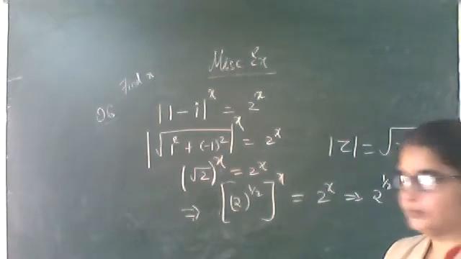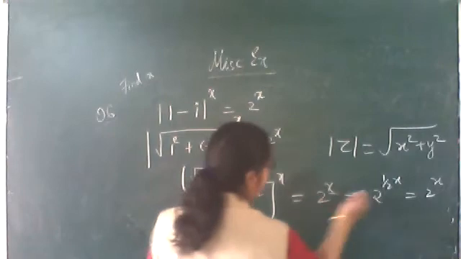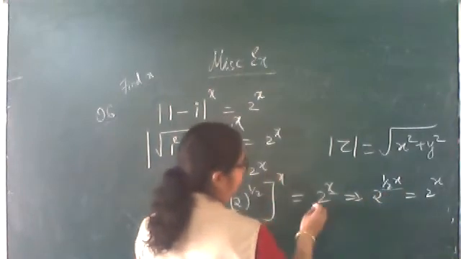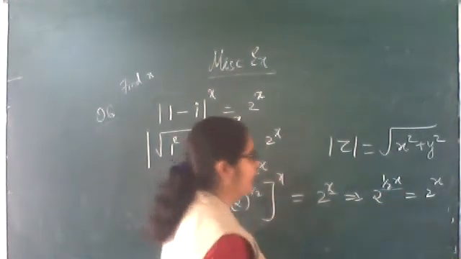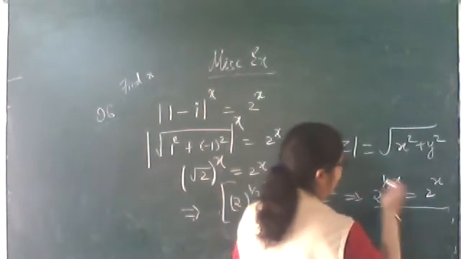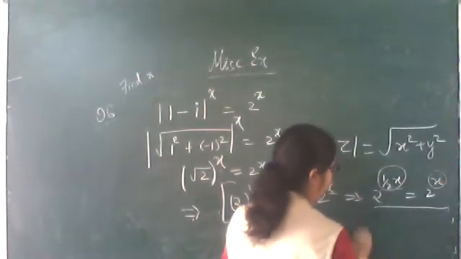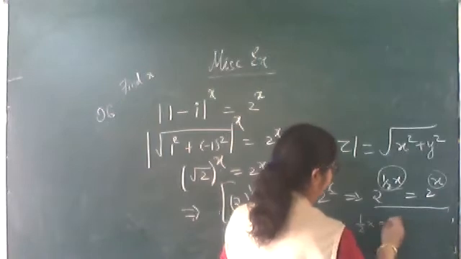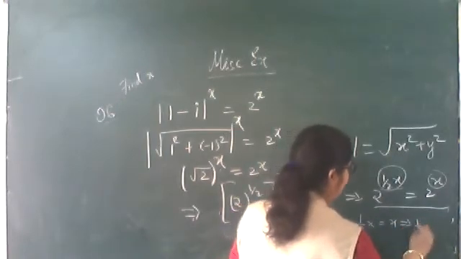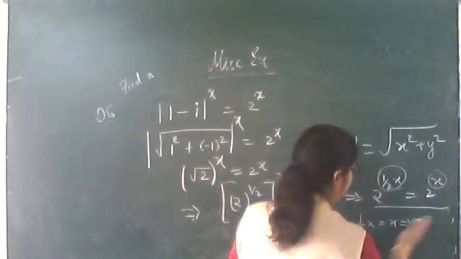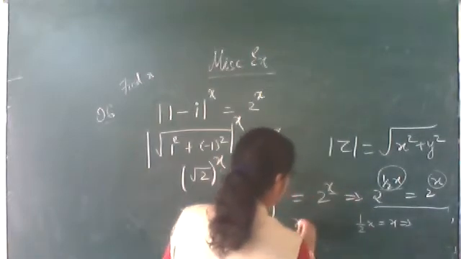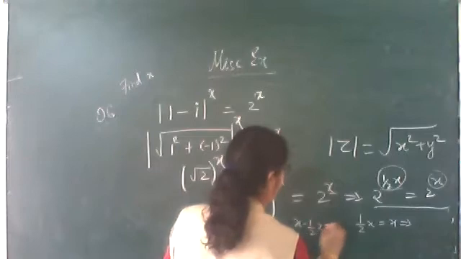Clear? So what you can say? This is equal to this, because the base is same, then the powers should be equal. When they both are equal, that means these powers should be equal. So half of x is equal to x. This implies x minus half of x is equal to 0.